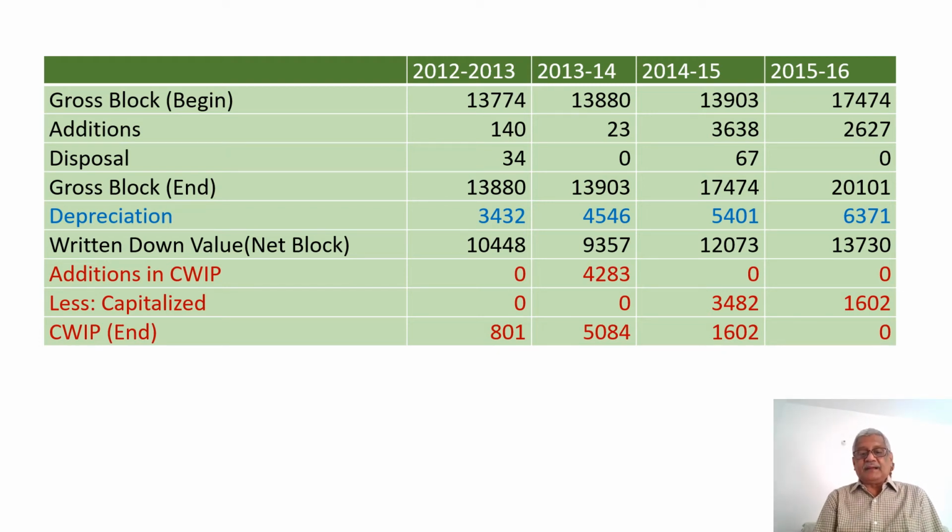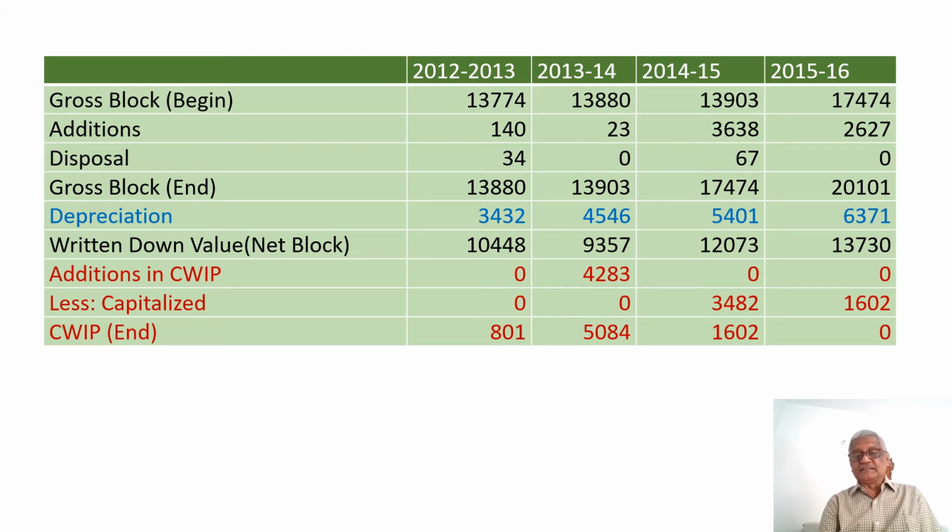Now again coming back to this one, which we have already seen: the gross block at the beginning, additions, disposals, gross block at the end, depreciation, written down value, additions in capital work in progress, less capitalized capital work in progress.